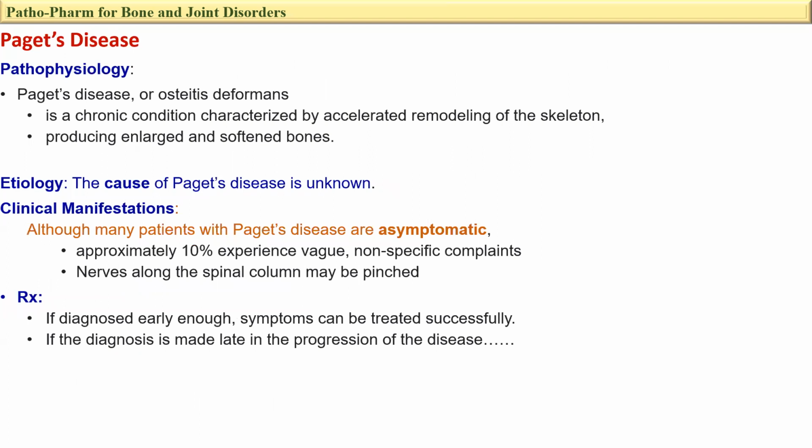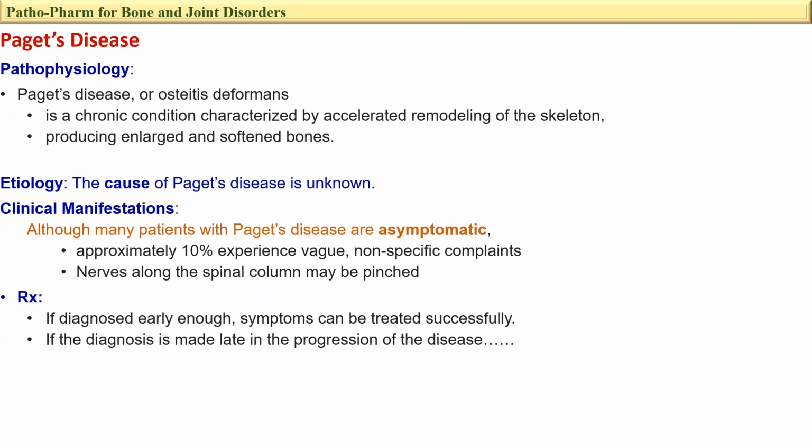Paget's disease. It's also called osteitis deformans, another name for Paget's disease. This chronic condition is characterized by accelerated remodeling of the skeleton, resulting in enlarged and softened bones.